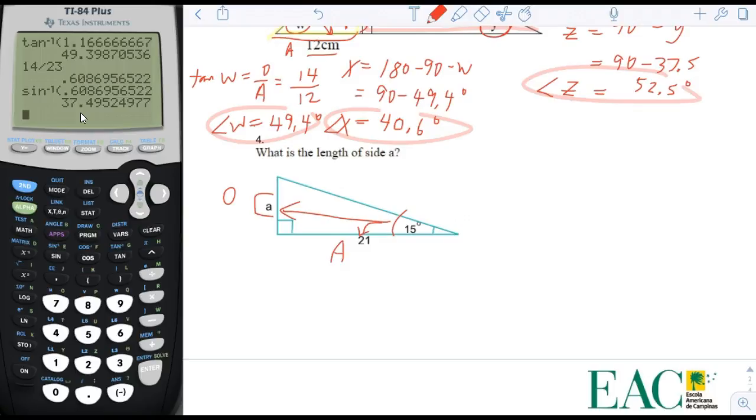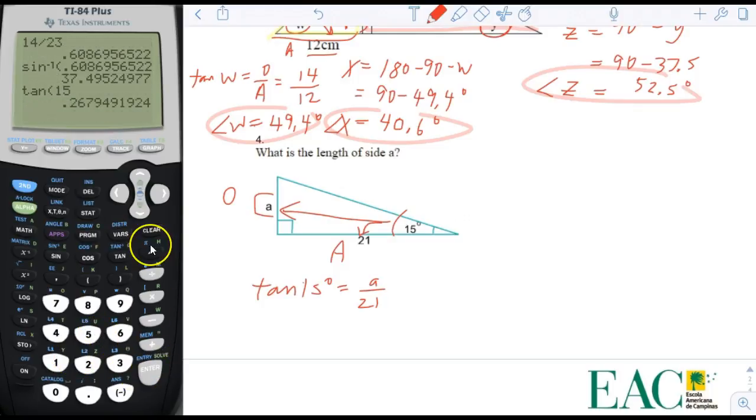So opposite, adjacent, that reminds me of tangent, right? Because TOA. So the tangent of 15 degrees is equal to A over 21, the opposite over the adjacent. Tangent of 15 is 0.268, and I'm going to multiply that times 21, and that gives me 5.6 for my length of A.